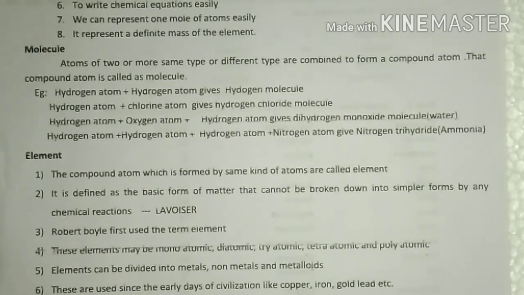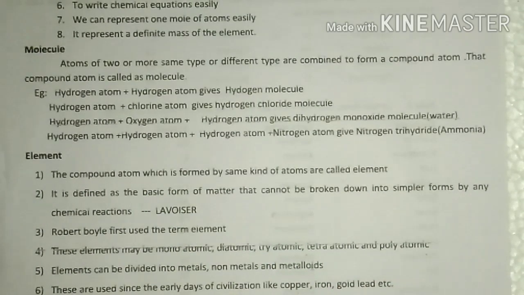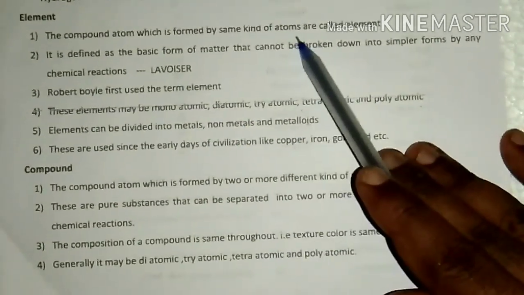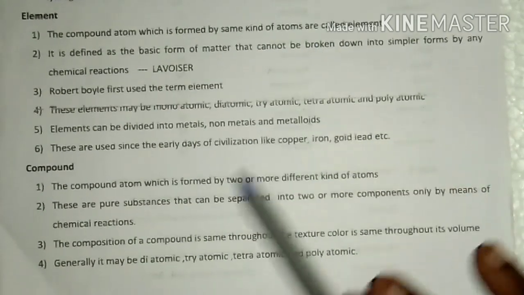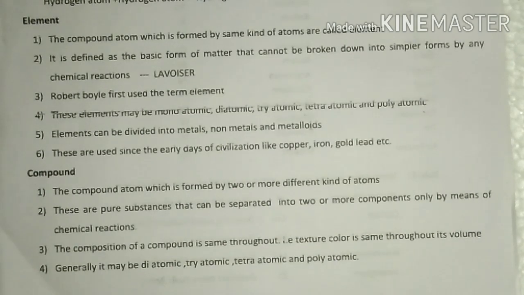Now, come to the definition of element and compound. An element is also a compound atom, and a compound is also a compound atom. But the difference is that an element is formed by the same kind of atoms, whereas compounds are formed by different kinds of atoms.